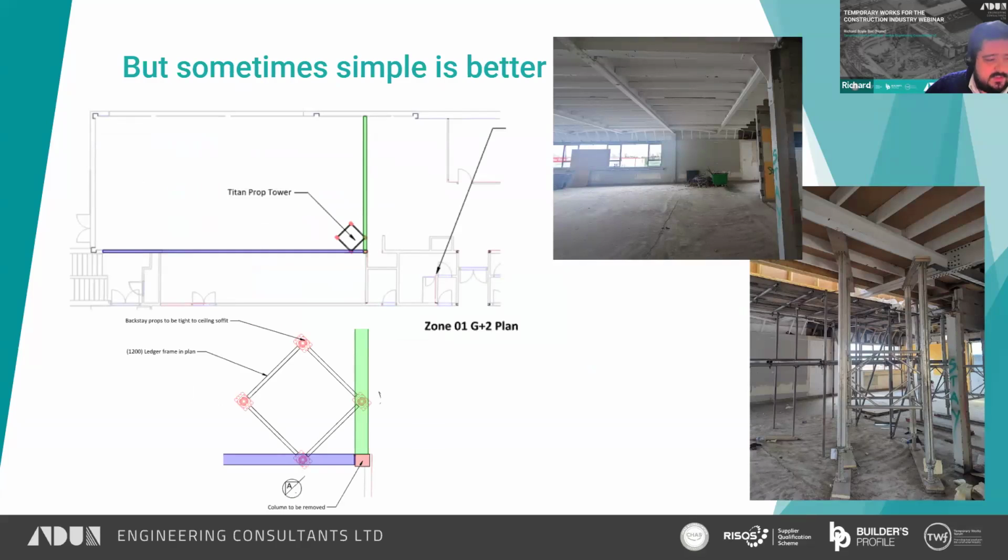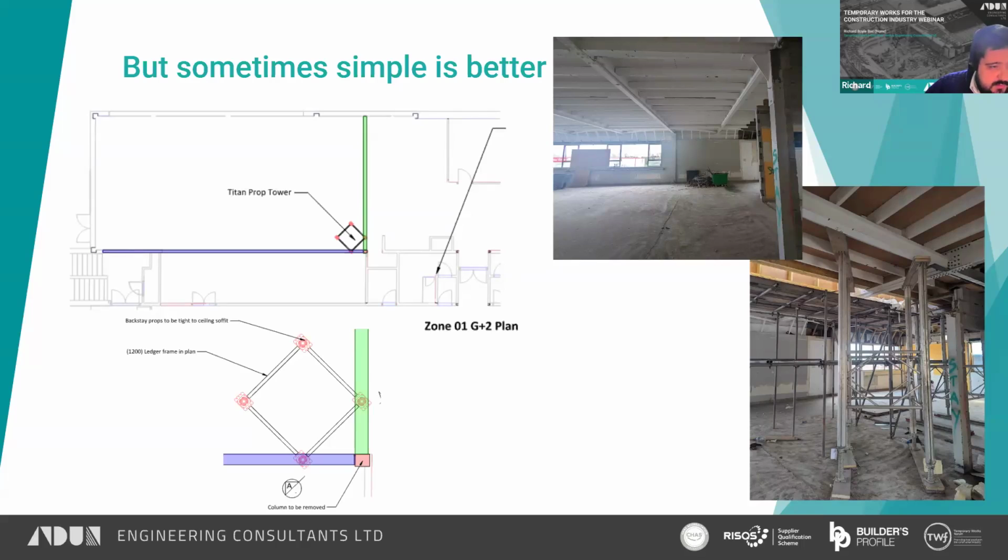Now we go in the other direction where you don't need huge amounts of props. Instead of propping an entire line of props along these 2 beams that are in the blue and the green here, all we did was put in a Titan tower at a well-positioned angle to take the loads from both of these beams, and then that column that you can see at the side of that picture can come out very easily once those Titan props are in.